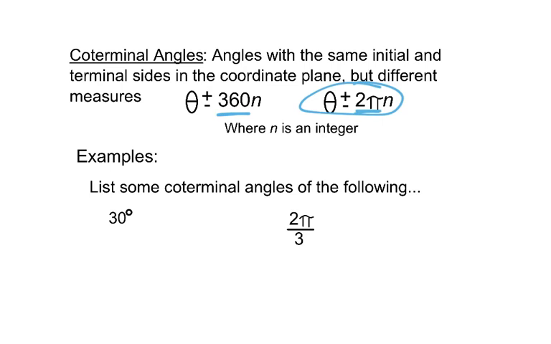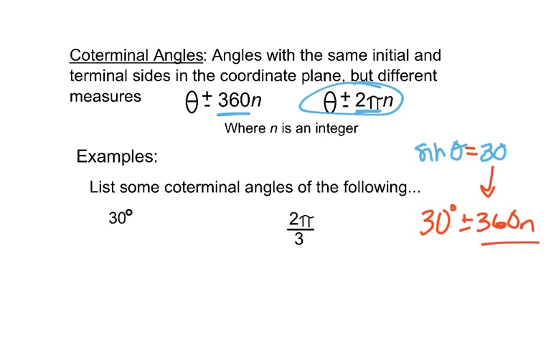And so this is where sometimes if your answer to sine of whatever the angle is going to be 30 degrees, the answer is actually going to be 30 degrees plus or minus 360n. And that's because you're saying and every other coterminal angle that could be after or before that. So I don't necessarily require that you put this here, but I do require that you understand the idea.